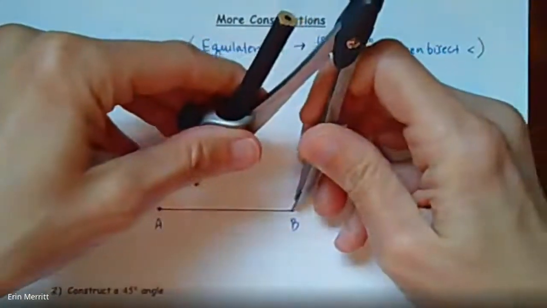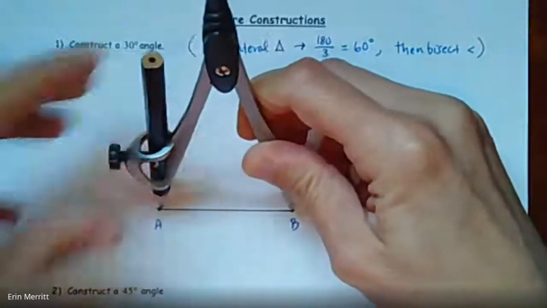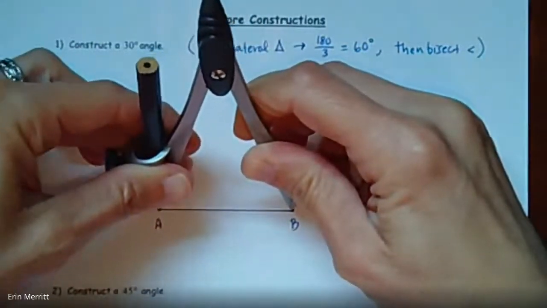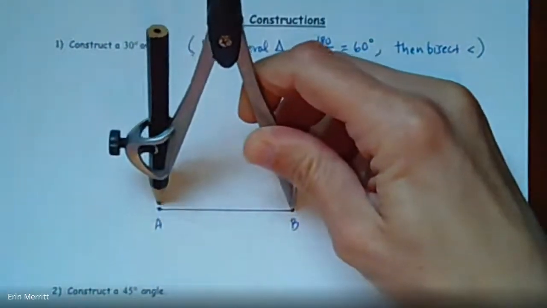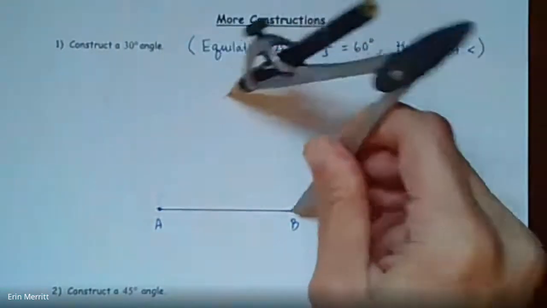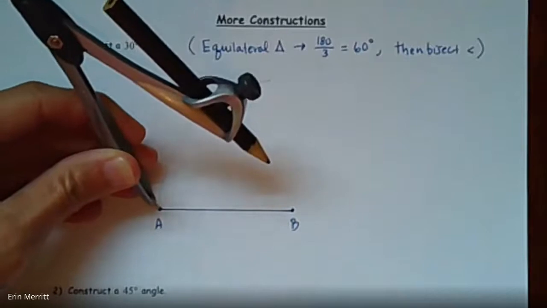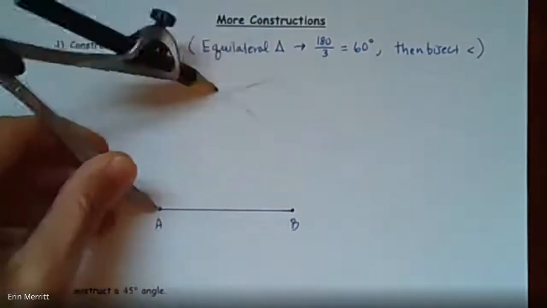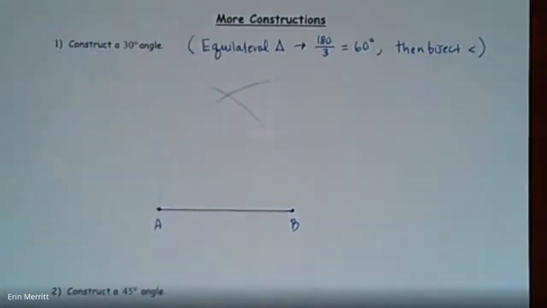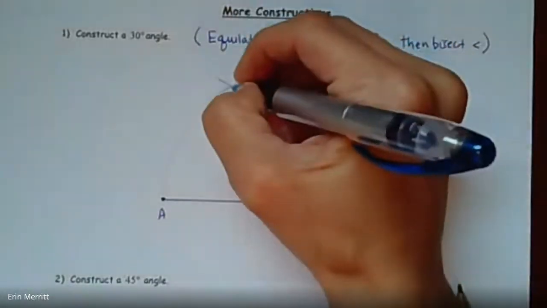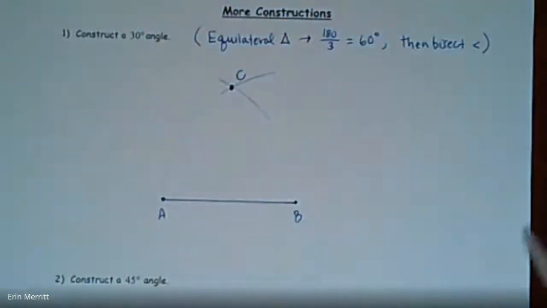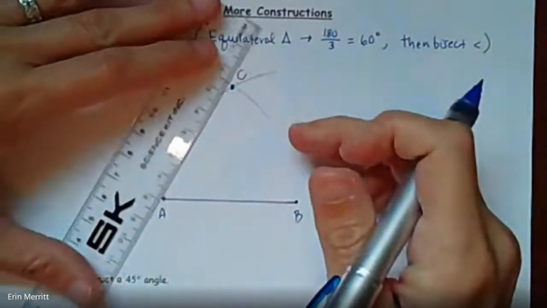So I'm going to open my compass the length of the segment that I just created. Oops, there we go. And I'm going to swipe an arc from either endpoint. There we go. All right, that point at the top, I'll call that point C. That is going to be the vertex of my equilateral triangle.